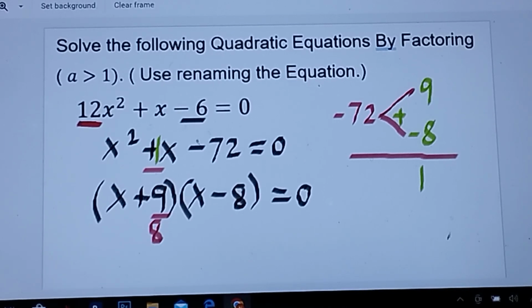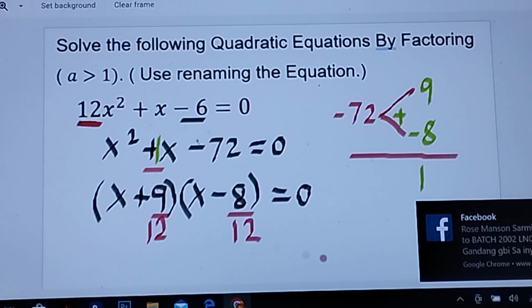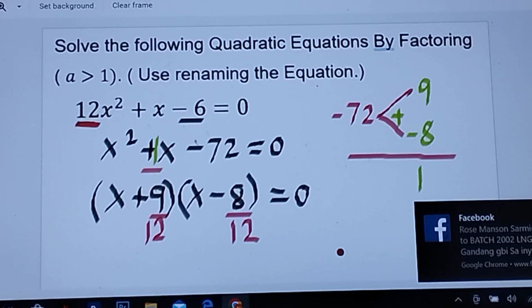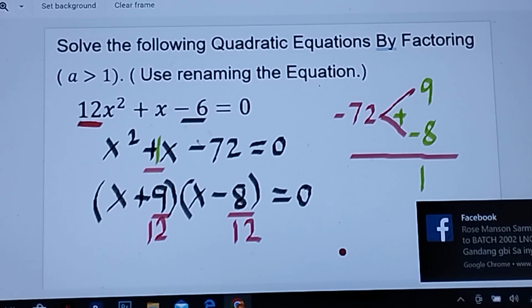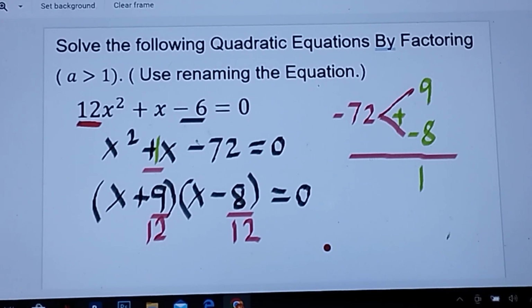So if the coefficient of the quadratic term is 12, then 9 over 12, 8 over 12. Next, you reduce now the fractions 9 over 12 and 8 over 12.